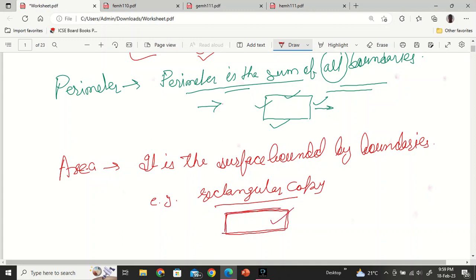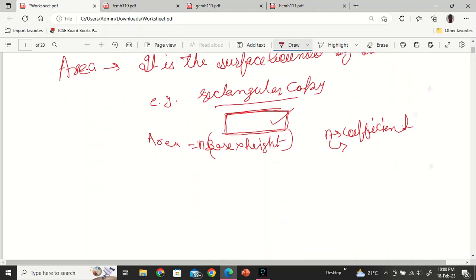And area, we can define in terms of a formula equal to n into base into height. This n is a coefficient actually. This will change for each and every figure.